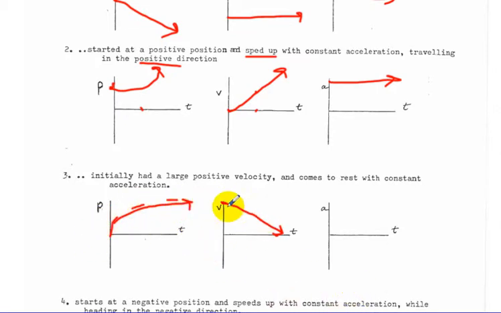The slope of that gives us that, and of course the slope of this decreasing straight line is going to give us a constant negative acceleration. So here's the scenario: we're going in the positive direction, our velocity is positive, our acceleration is negative, so our acceleration is working against us, slowing us down in the positive direction.